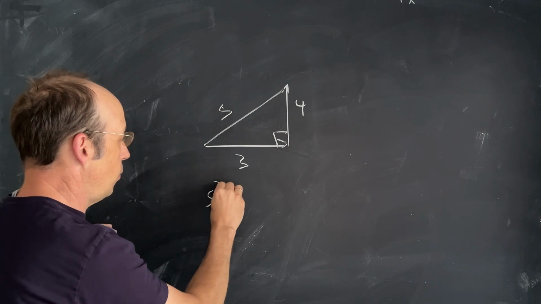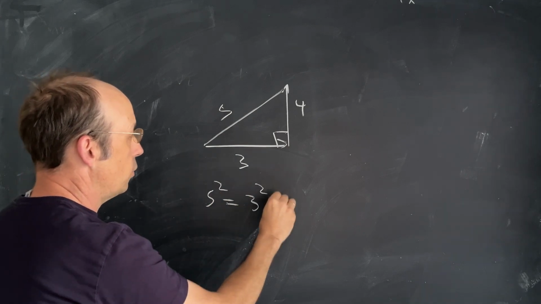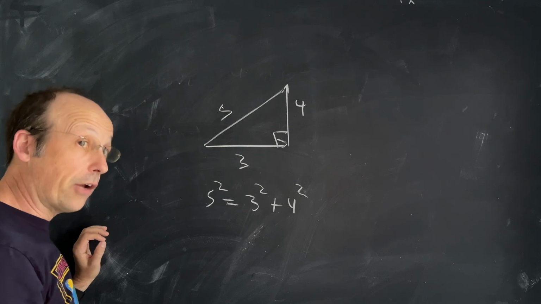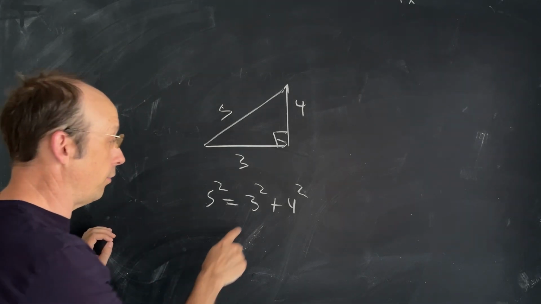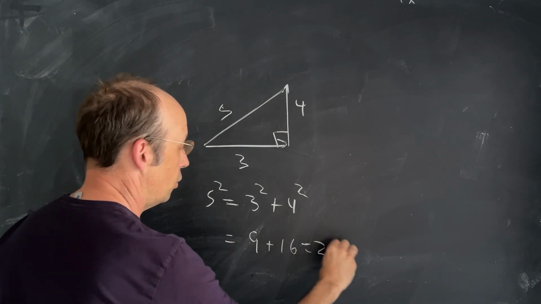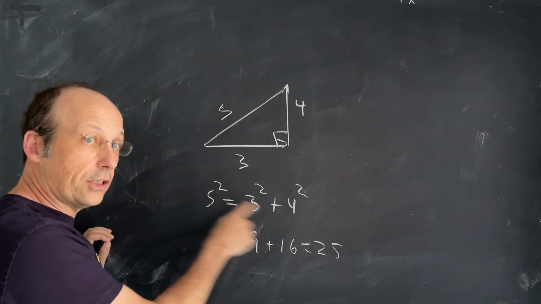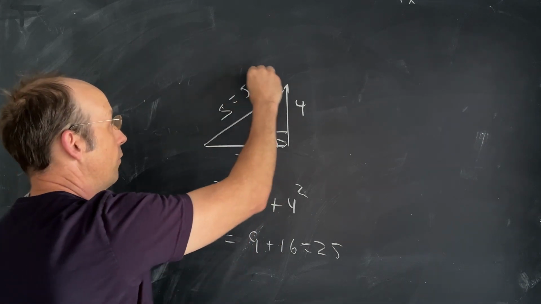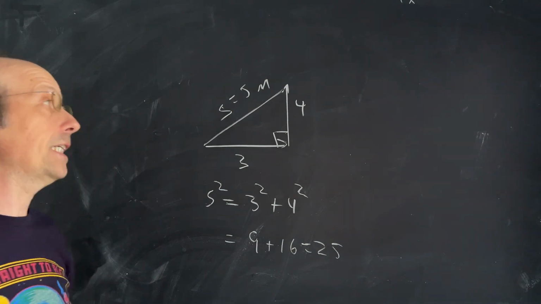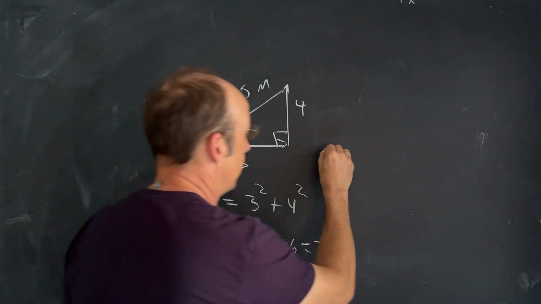I can say S squared is 3 squared plus 4 squared, right? Because that's the Pythagorean theorem that works for right triangles. So this is going to be 9 plus 16, 25. So S squared is 25, so S would be 5. So that one's easy. Those are the 3 easy cases. Now, I could also do something like this.